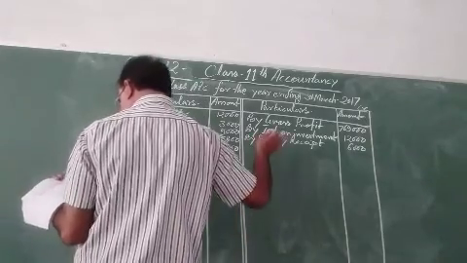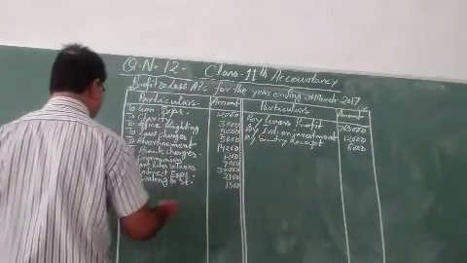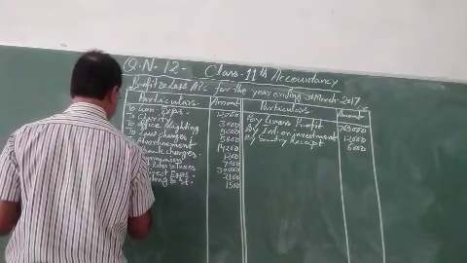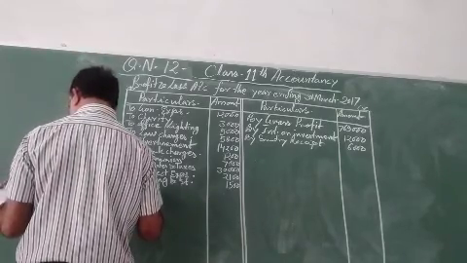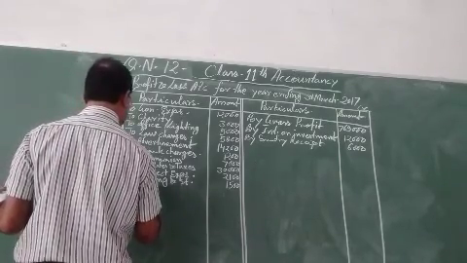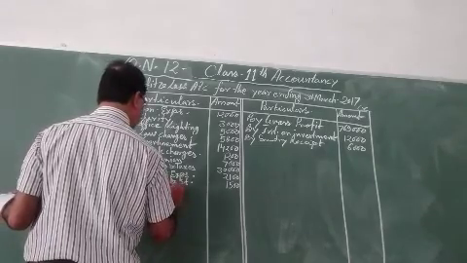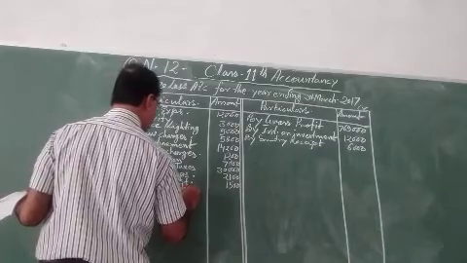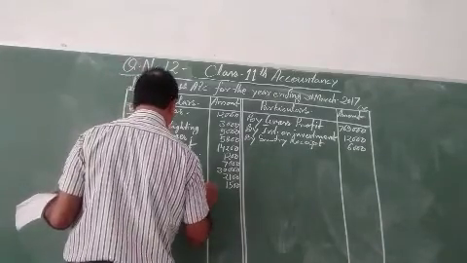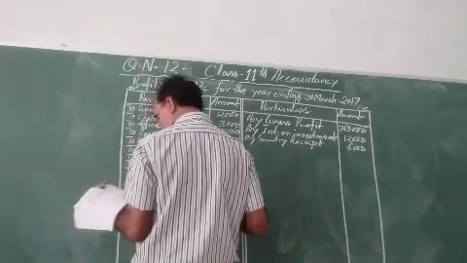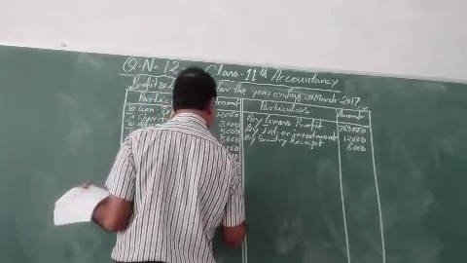Gross profit recorded in the credit column. Carriage outwards, distribution expenses, that is the expense, carriage outward, 20,000.